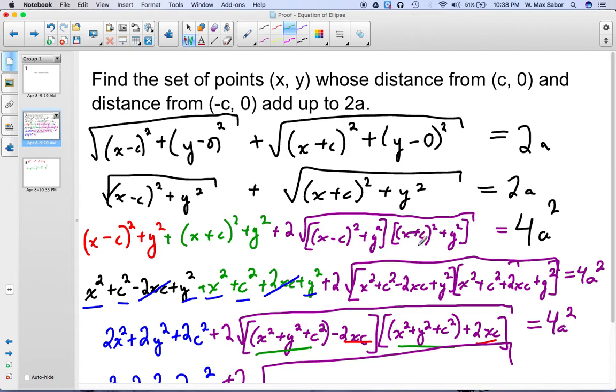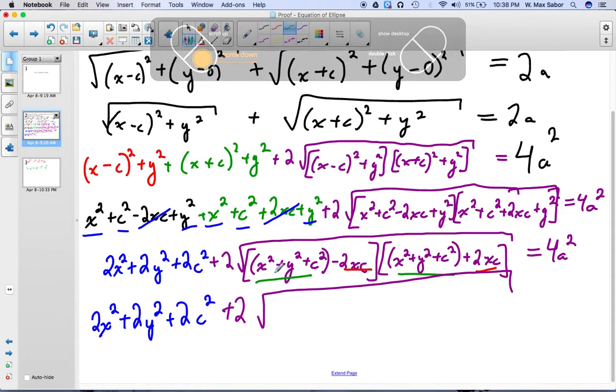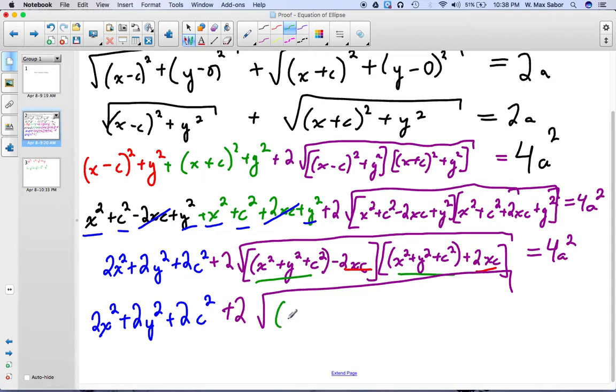So what's happening here, this is going to be (x squared plus y squared plus c squared) squared, and now we're going to have the negative 2xc all squared as well, and that equals 4a squared.